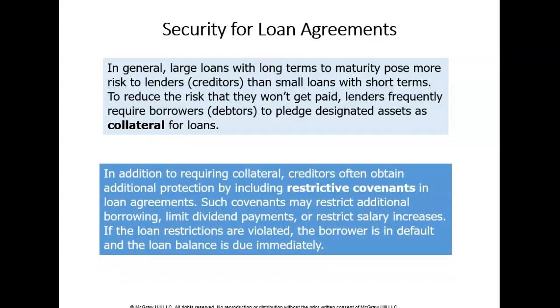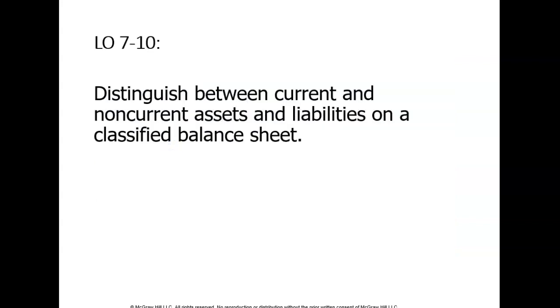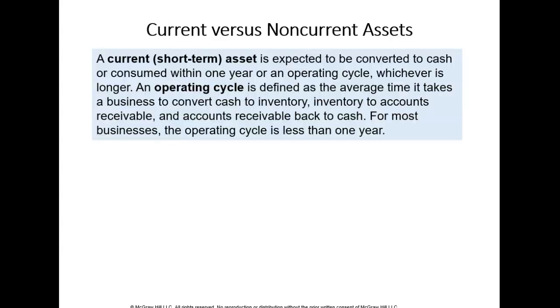If you have a mortgage, your home is collateral for that mortgage. Because if you do not pay the mortgage as it is due, that lender has the right to seize your property. Okay? The last section focuses on the difference between current and non-current assets, and the distinction between current and long-term liabilities.